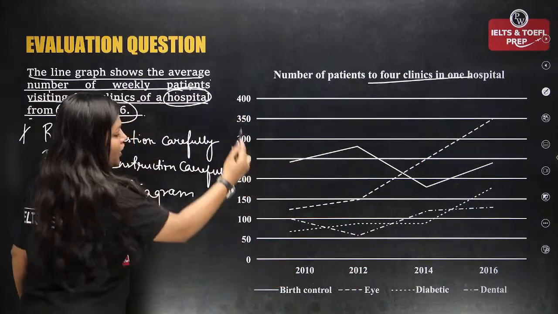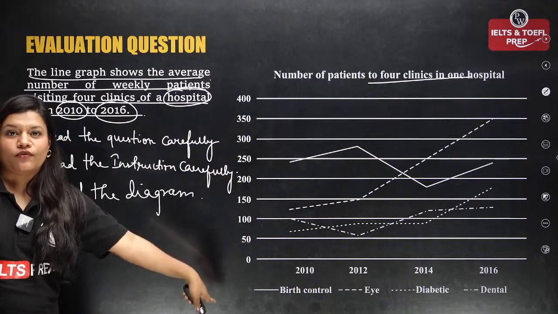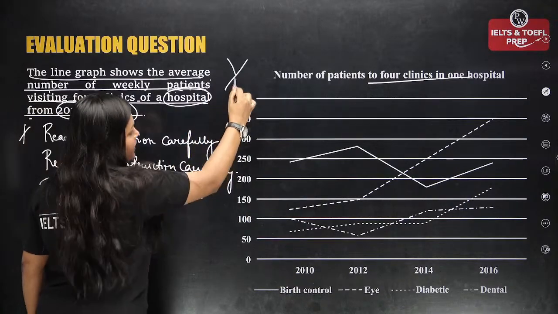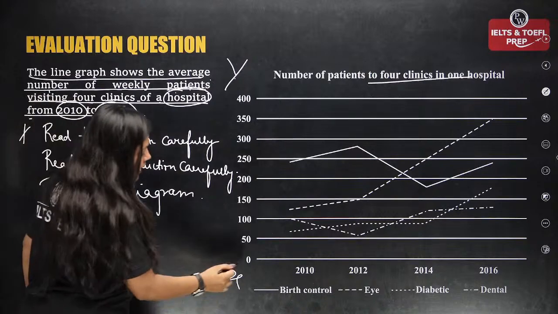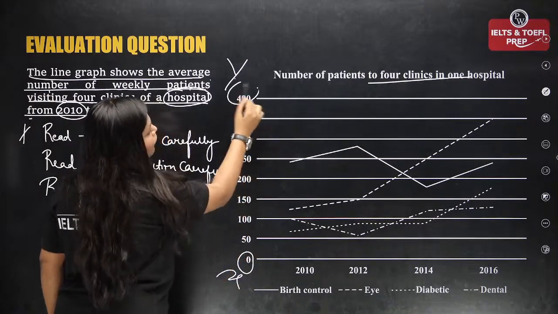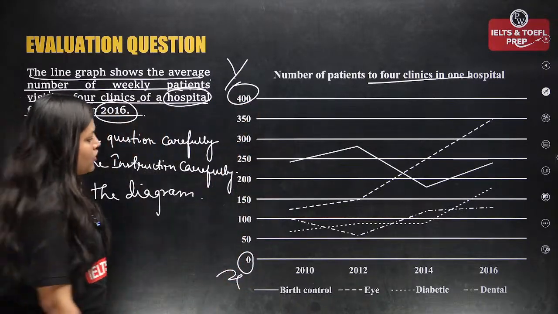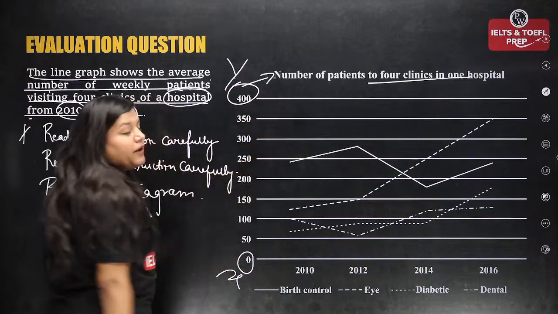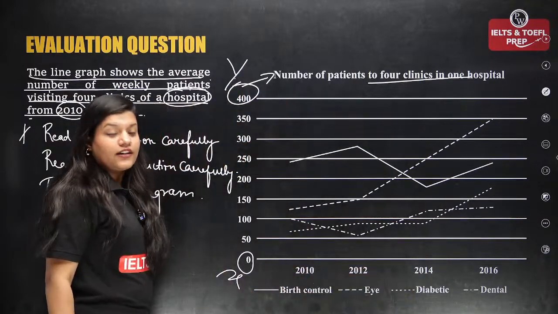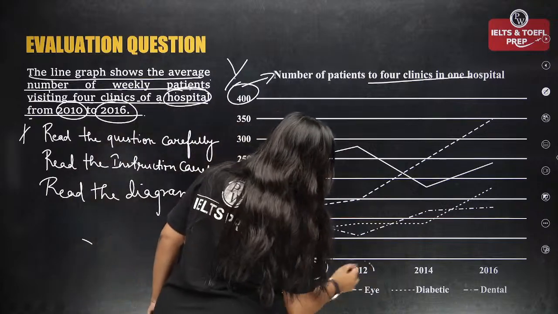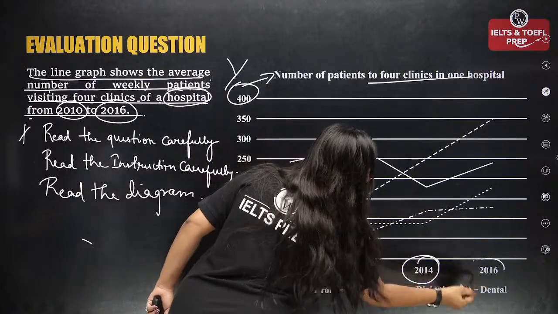Fine. Now here we can see we have n number of numbers over here. Now this is y-axis and this is x-axis, as I have already told you, right? So the number is ranging from 0 to 400. Okay. So this is the number of patients. Okay. Now here is the year that is being shown: 10, 12, 14 and 16.